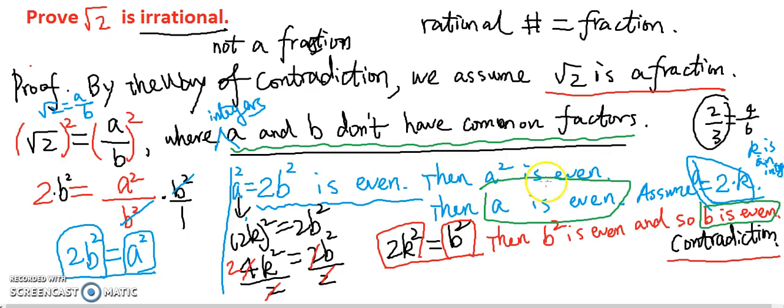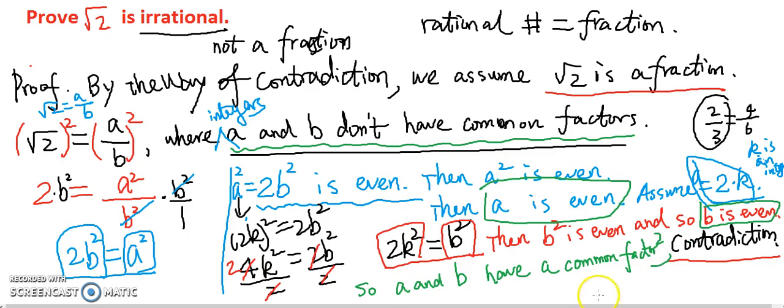But now a and b are both even numbers, so they should have at least a common factor 2. That's a contradiction, contrary to our assumption that a and b don't have any common factors.